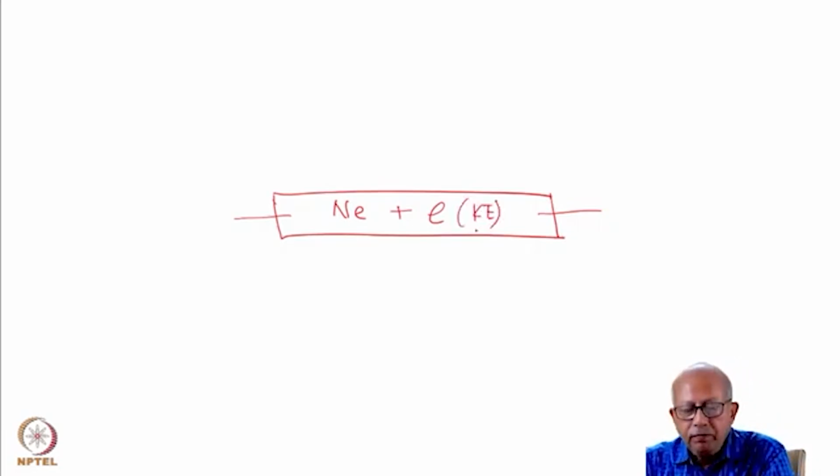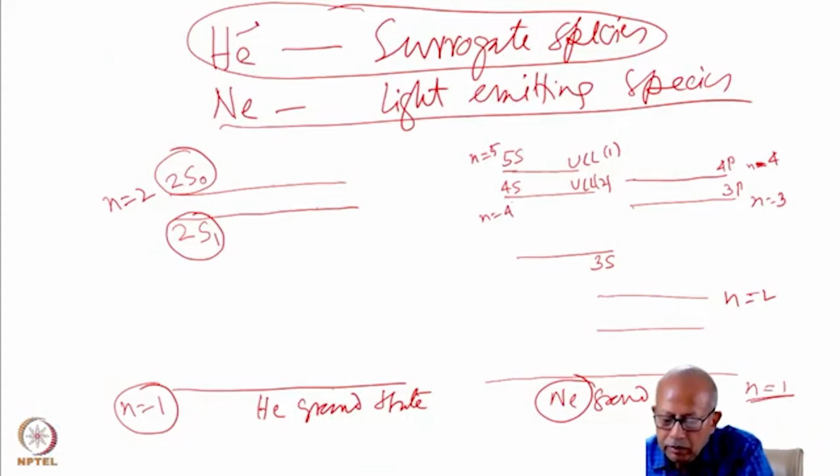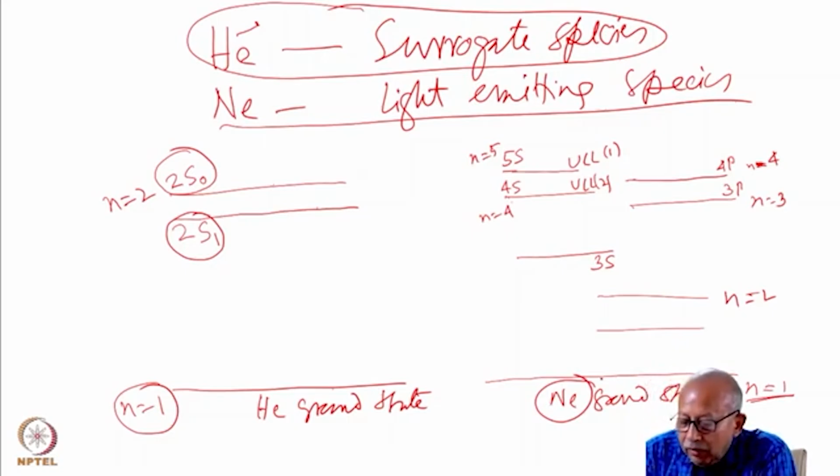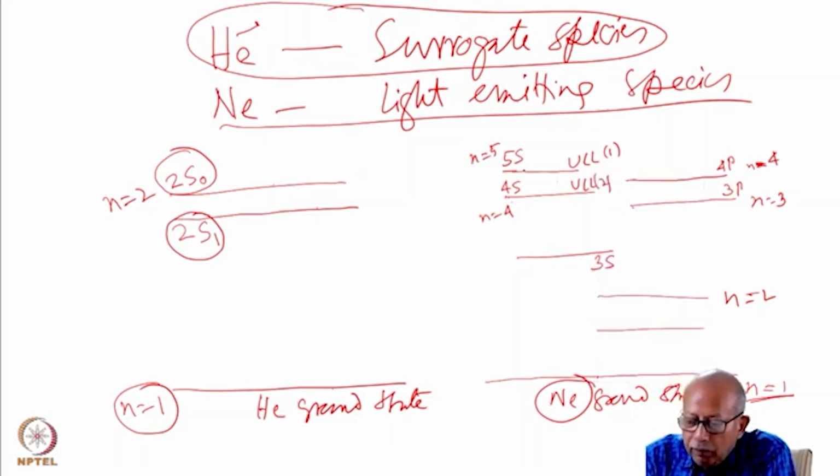Now, if the neon atom in the ground state collides with electrons of varying kinetic energy, that is velocity, in the discharge, then you cannot selectively transfer the neon atoms from the ground state to any one of these upper states, here or here.